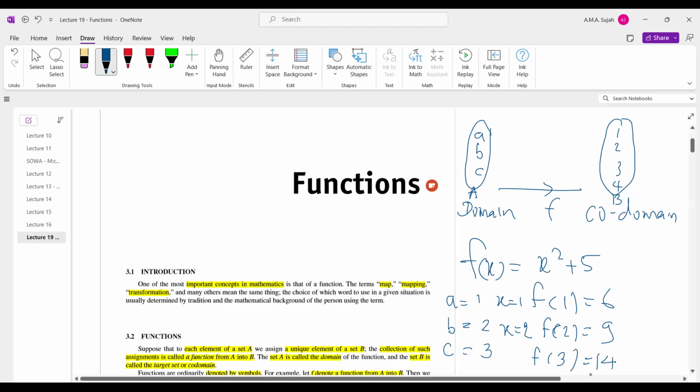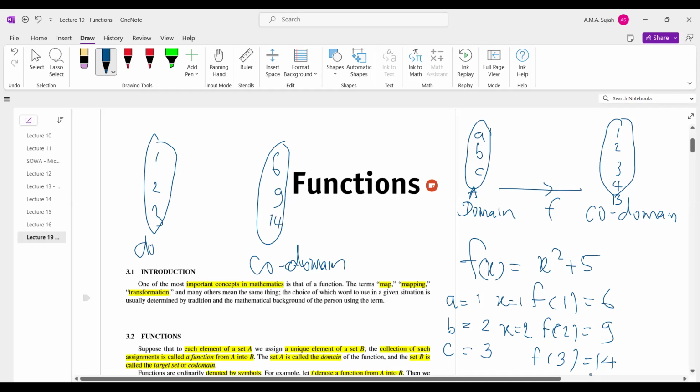Now if I draw the function for this one, in my domain I have 1, 2, 3, and in the codomain I have 6, 9, 14. Now I need to assign elements. In the function f of x, 1 is assigned with 6, 2 is assigned with 9, and 3 is assigned with 14.